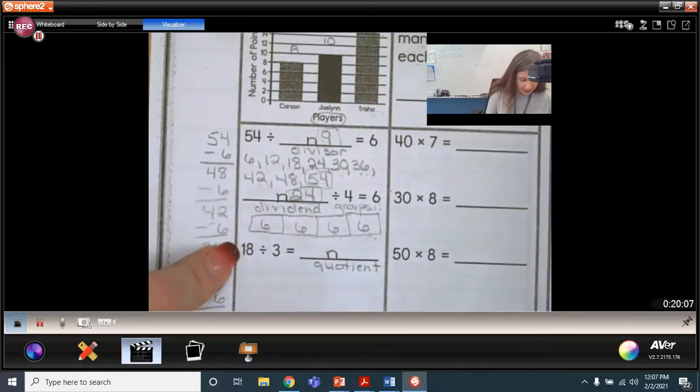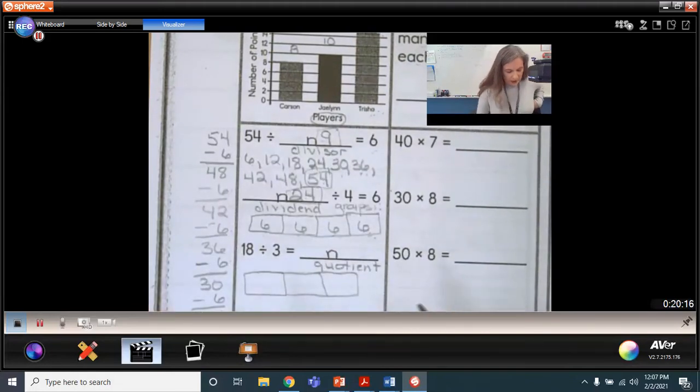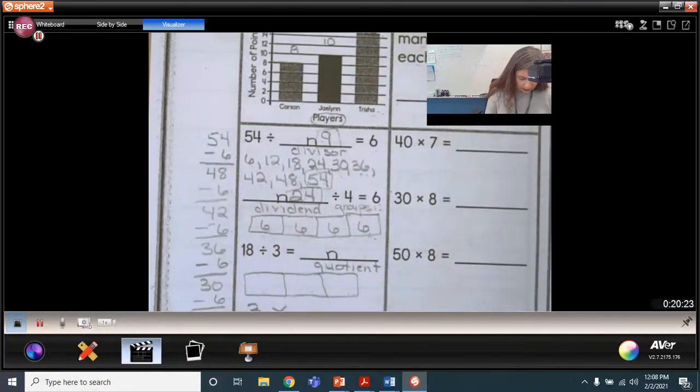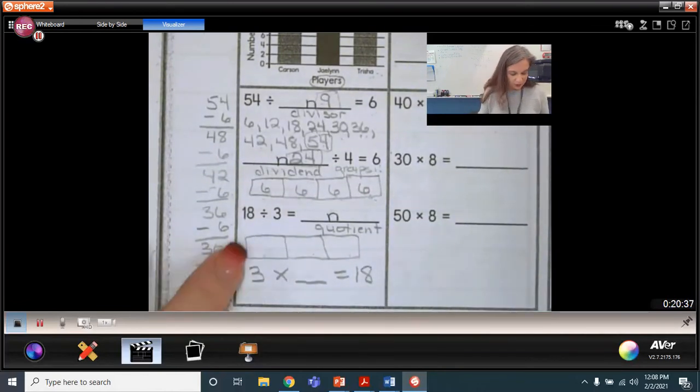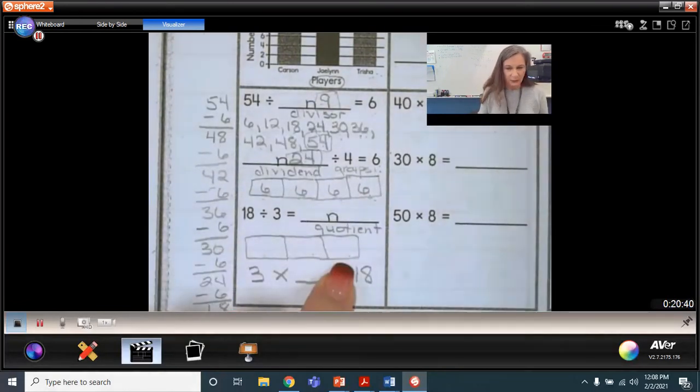Let's look at number 18. If I have 18 objects and I want to share them equally into 3 groups, then I need to know how many objects will go in each group. So 3 times blank equals 18. Now, I should be able to use my understanding of multiplication to help me with this. But again, if I don't know my multiplication facts yet, we can use what we know about putting these into equal groups until I reach 18.